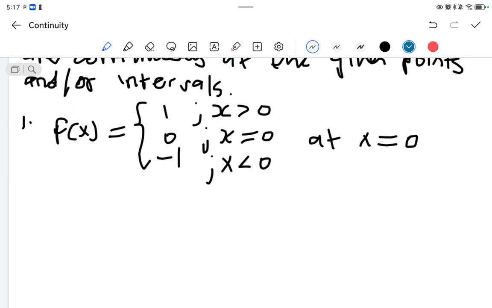So I can give you a brief about continuity at the point, which is coming from definition 2.2.